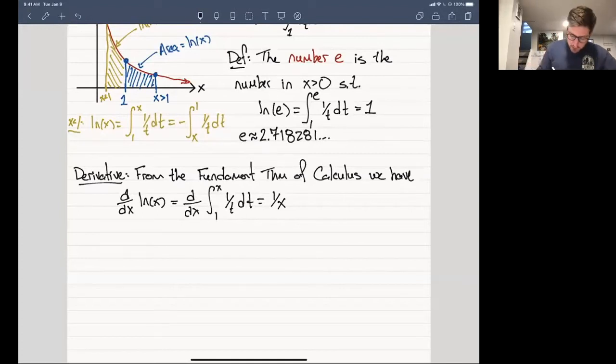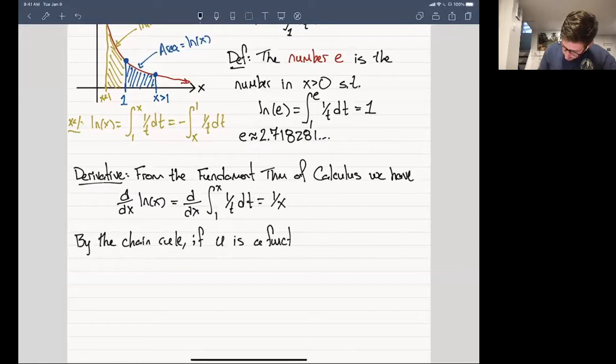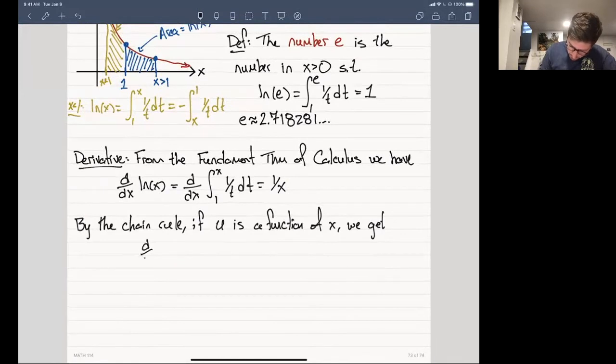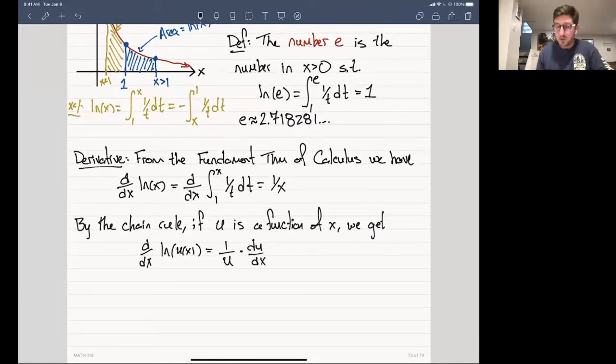And so by the chain rule, if u is a function of x, we get that if you want to take the derivative of a composition involving the natural logarithm, this is equal to 1 over u times the derivative of u with respect to x, right?